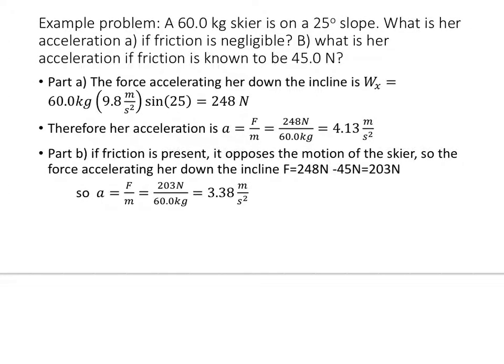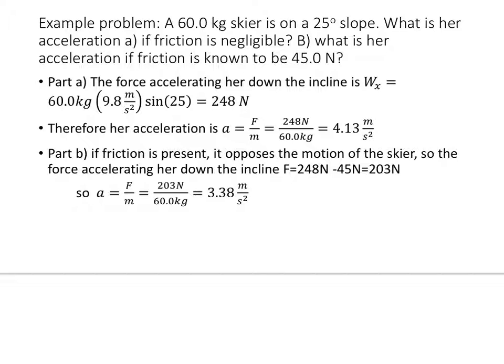So here is a problem that's an application of what we just said. We've got a 60 kilogram skier on a 25-degree slope. We want to know what her acceleration is if friction is negligible, and B, if friction is known to be 45 newtons. The first part is regarding friction.